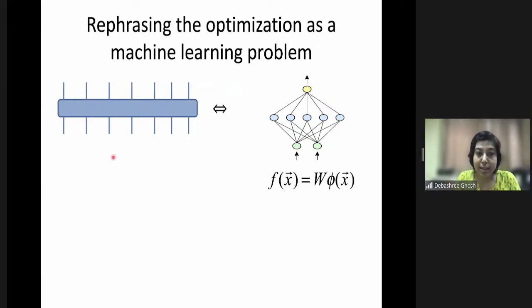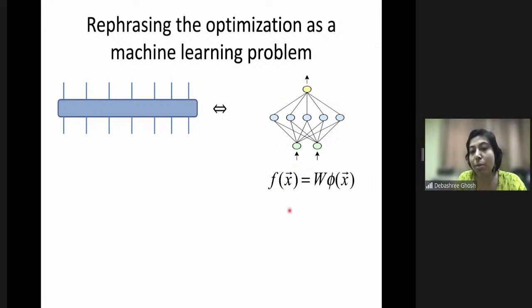Notice we had this really ugly tensor, the full CI tensor. This I'm going to approximate as a neural network ansatz, which basically means I have a function f of x.